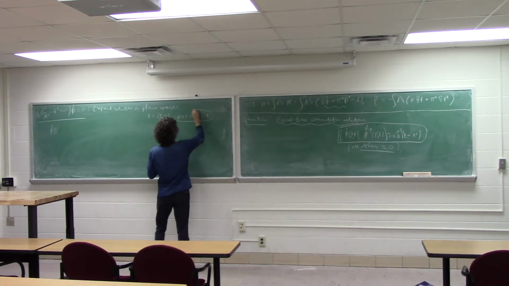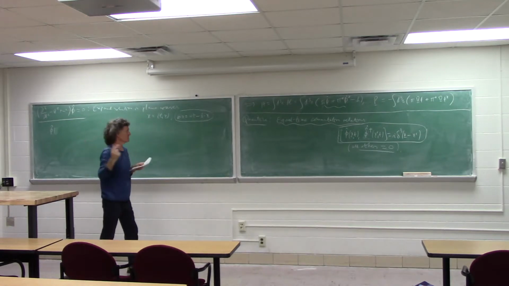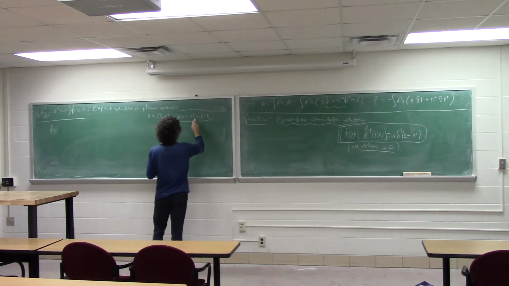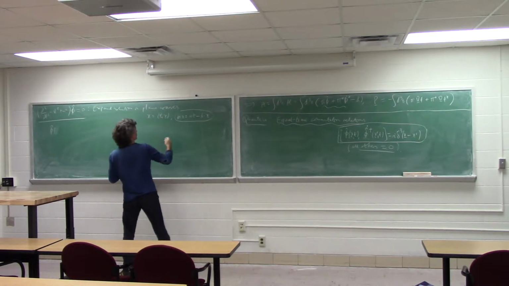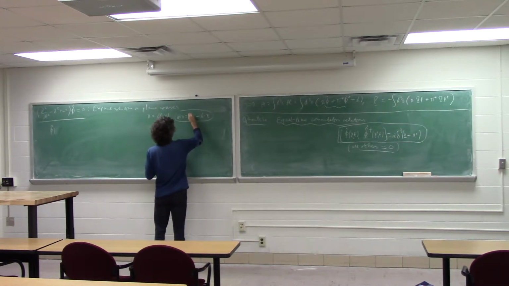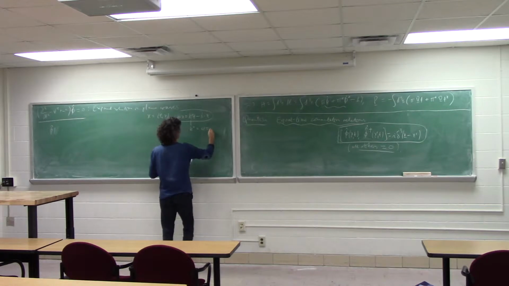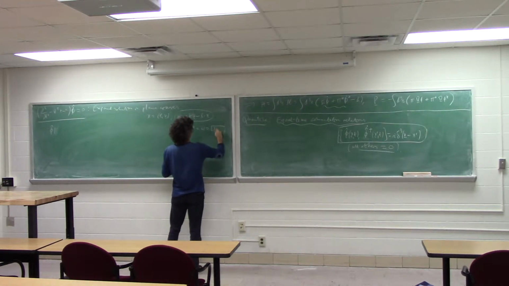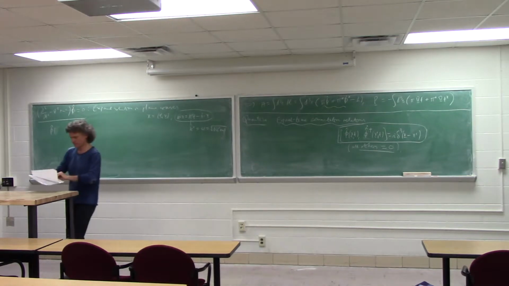Is that right? We're using the derivative with the time, plus minus minus minus, so k0, that's omega t minus k dot x. This is k0 t, and we're taking k0 to equal omega, the square root of k squared plus m squared.